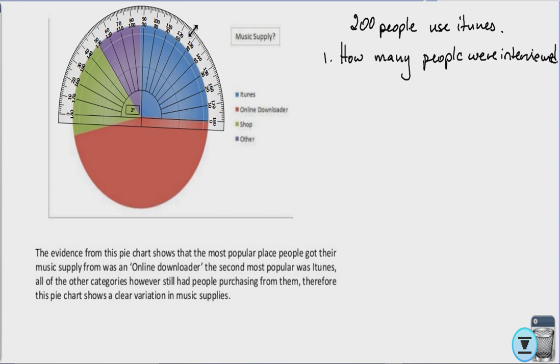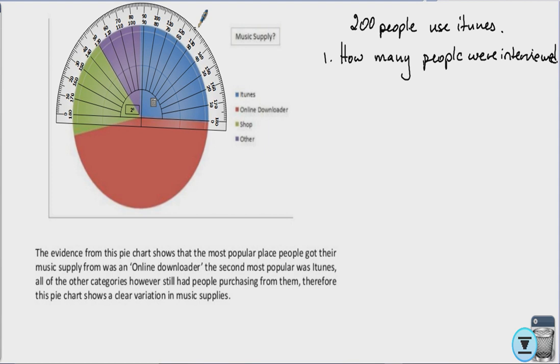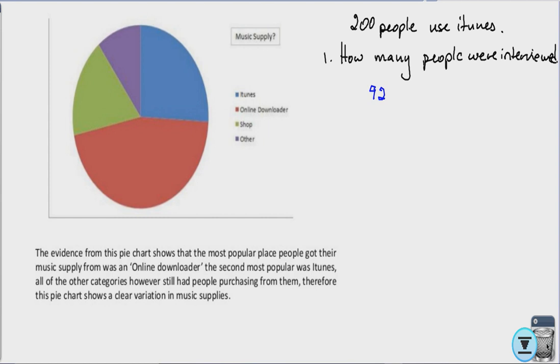In fact, it is 92 degrees. So we can say that 92 degrees represents 200 people. Because we found that the angle for iTunes was 92 degrees.